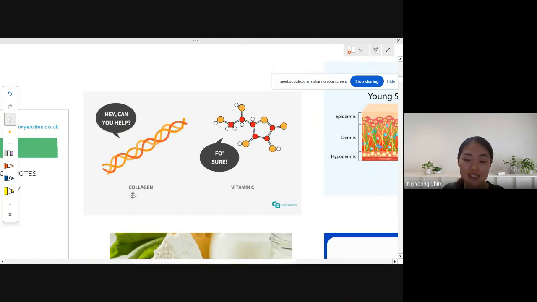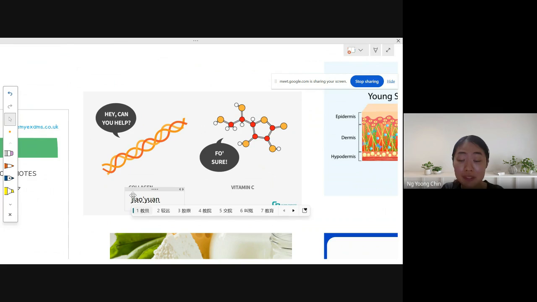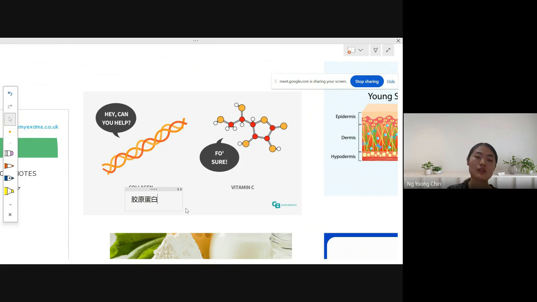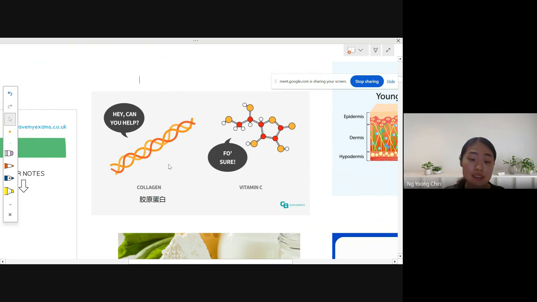You heard about this, right? Mostly females like it a lot because collagen makes them appear very young and pretty. So these collagens are actually protein products.